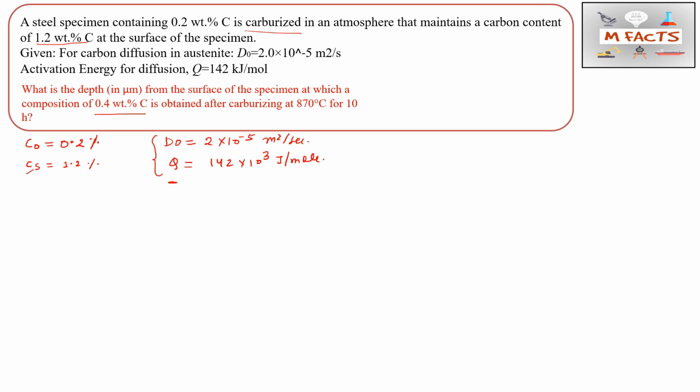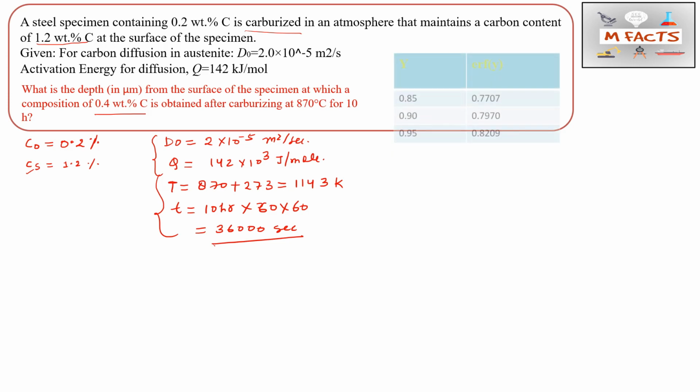The temperature is 870 degrees centigrade plus 273 to change it into Kelvin, so we get 1143 Kelvin, and the time is 10 hours. To change it into seconds we multiply by 3600, so we get 36000 seconds. These are all the given values.